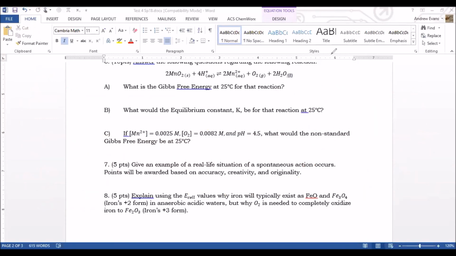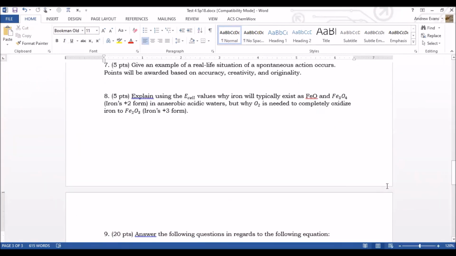Okay, we're running out of time, so let's go. Real life situation where spontaneity occurs. Explain why iron will typically exist as FeO and Fe3O4 in anaerobic acidic waters, and why O2 is needed to completely oxidize. Basically, the cell potential to go to FeO and Fe3O4 is low enough that acid can oxidize it.